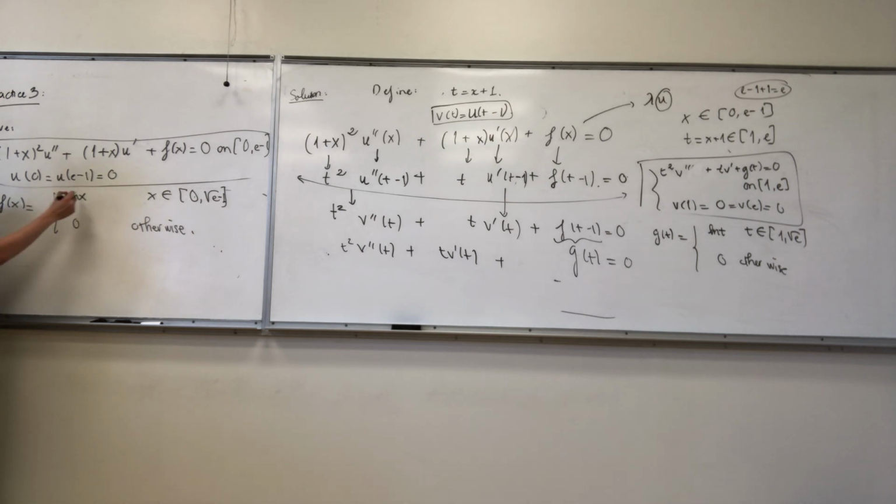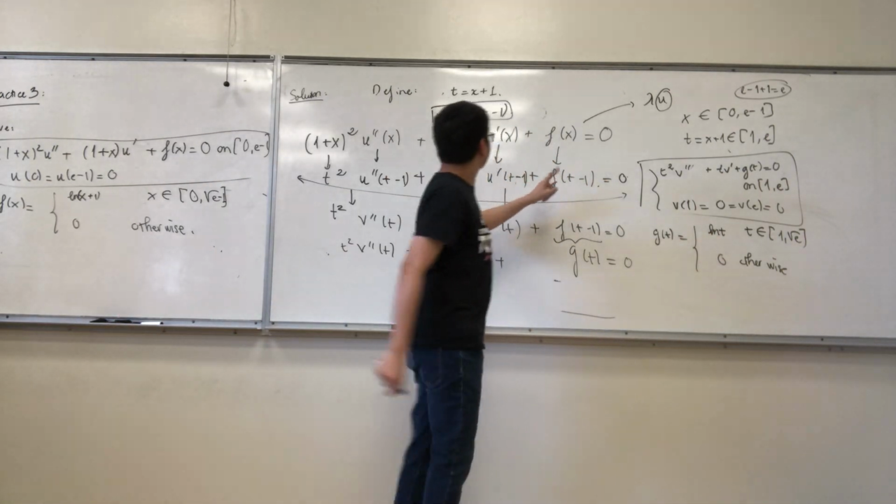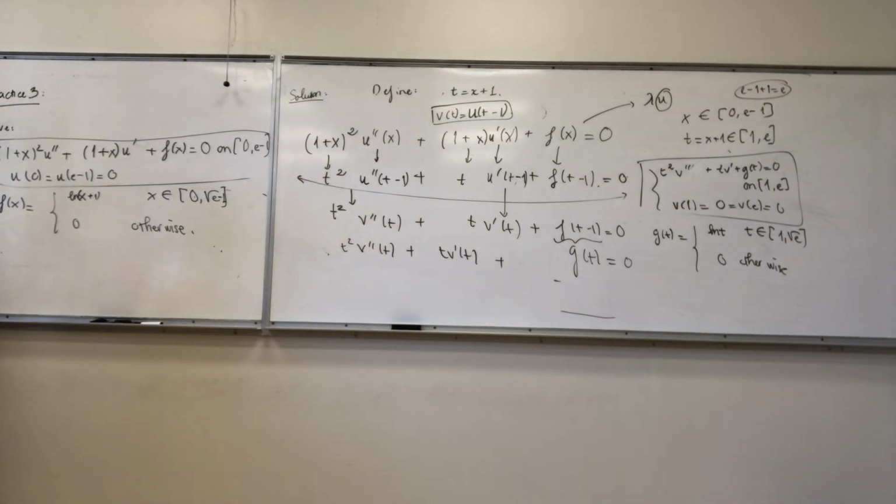So here I put it to be, yes, so this is x plus 1. Yes, so yes, there's a typo. Thank you. Right, so this is log of x plus 1, and so it becomes log of t because t is x plus 1. All right? Questions?